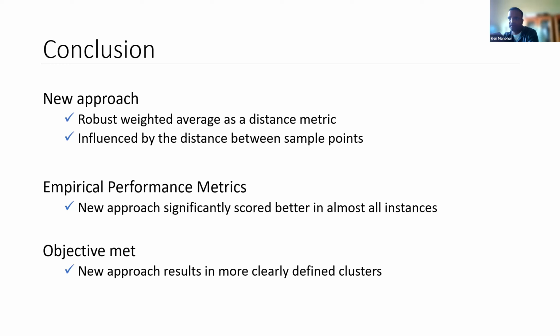The new approach created much better clusters, and different scores were attributed in terms of cluster structure, such as how close together points in a cluster are versus how far apart different clusters are, and other quality metrics. Based on the scores, the new approach performed much better. So we can say that our objective has been met.